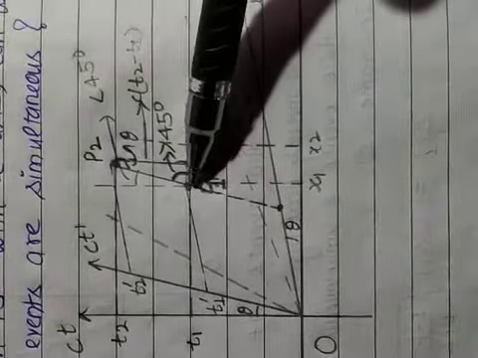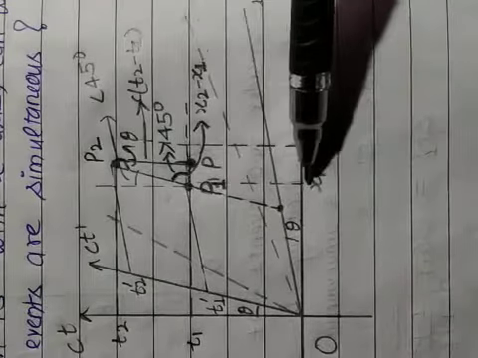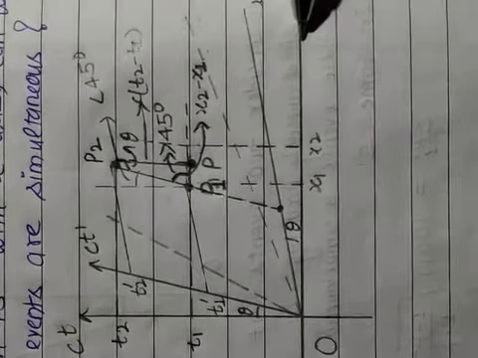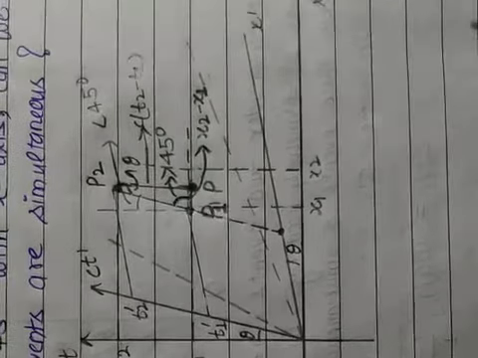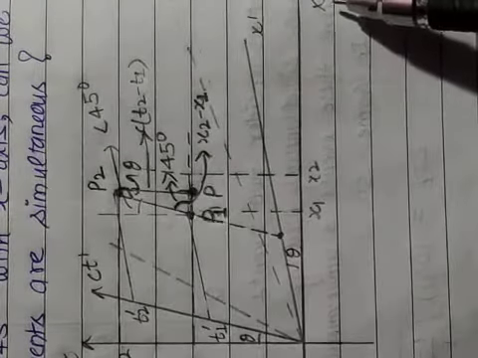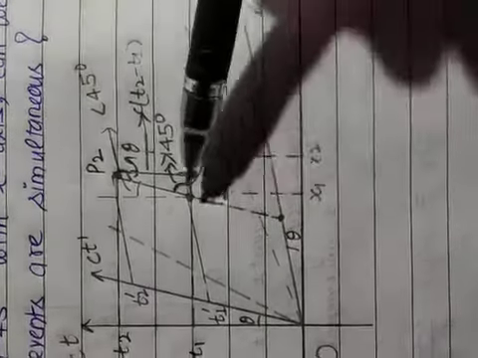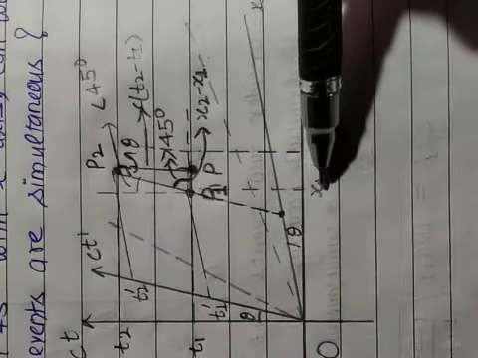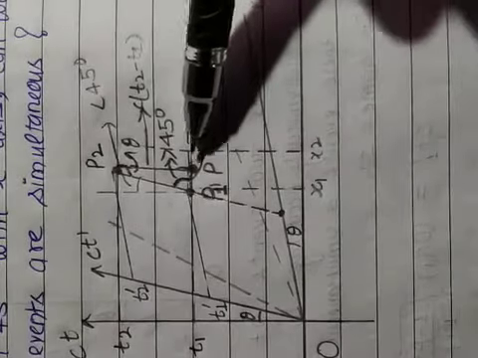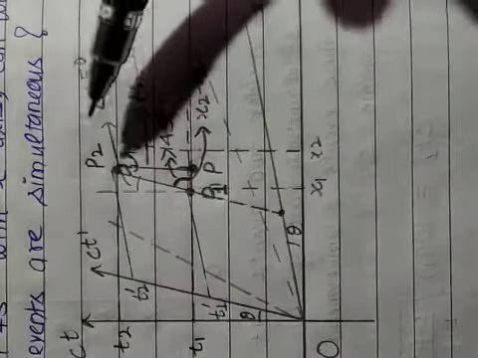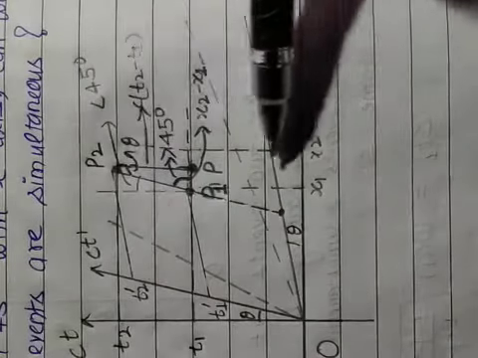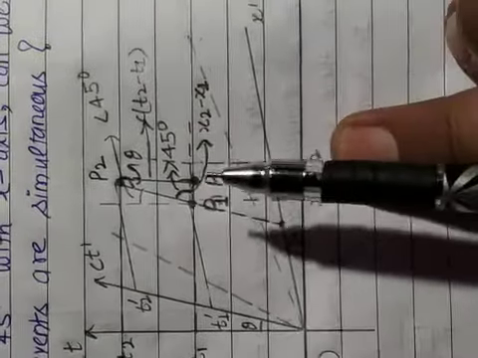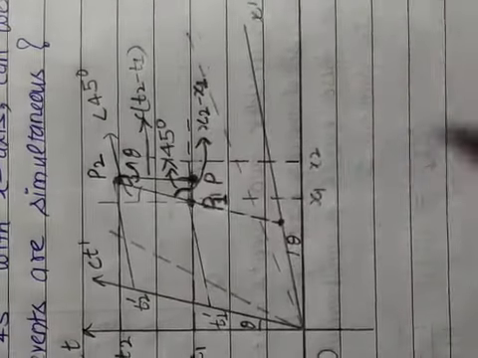So if I draw a line perpendicular to this x-axis, this is my x-axis, draw a line from P1 perpendicularly on the x-axis, and also draw a line from P2. This is my x2 line.